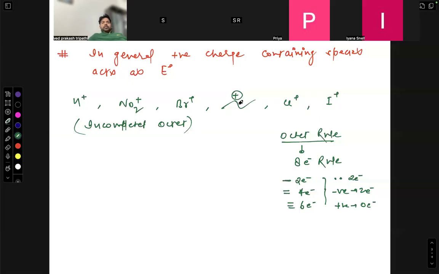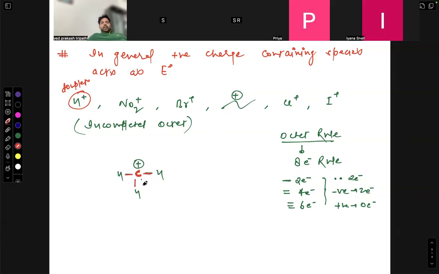For example, suppose we are going to calculate the octet over this carbocation. Octet is always calculated for the central atom. Do not apply octet over hydrogen because for hydrogen it should be duplet. So if you look at this carbon, how many electrons are around the carbon? You can see we have 3 single bonds.